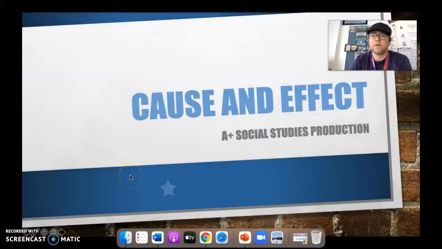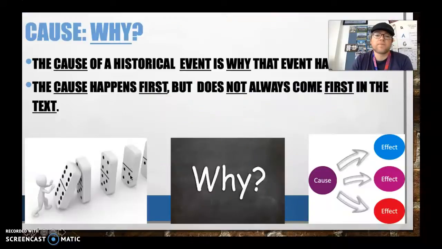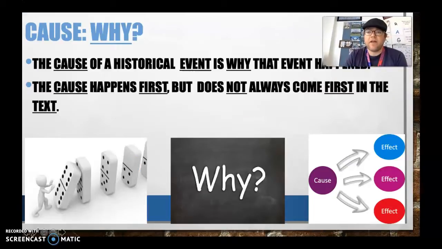Make myself smaller so you can see the notes. All right. So when you think about an event, you want to think about why did that event happen? That's going to be your cause. Okay. And it could be anything.